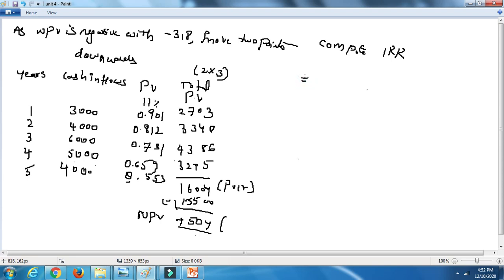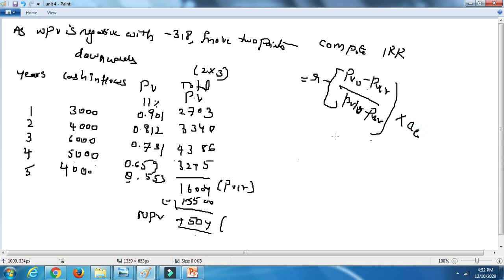is equal to R minus PVO minus PVLR, PVLR minus PVHR into delta R. So here the value is nothing but R, you can take any one of them.